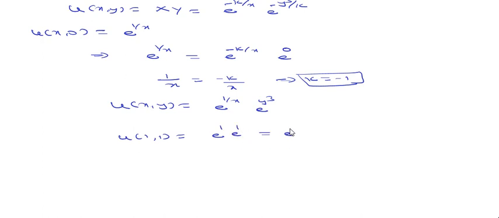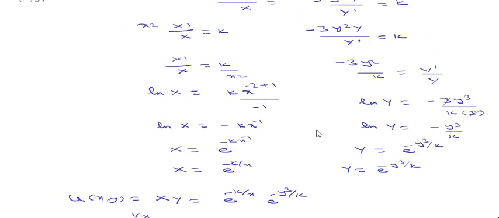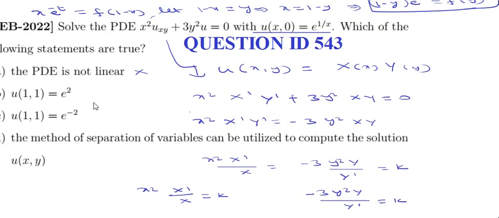So e power 1 plus 1 is e power 2. u of 1 comma 1 is e power 2. So this option is correct. So option C is wrong, since u of 1 comma 1 equal to e square is not equal to e power minus 2. Here the equation is solved using separation of variables. So therefore option D is correct. So the correct options are option B and option D.